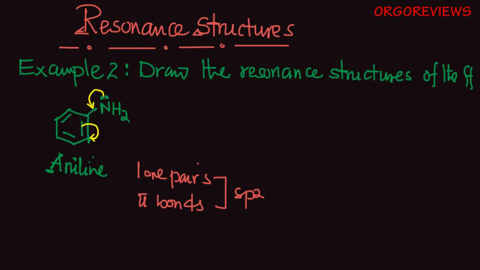With that in mind, we can now draw the next resonance structure with a double arrow, following the electrons. Since these lone pairs were moved onto this bond, you will now have a double bond with the nitrogen. And since nitrogen has lost its lone pair, it will have a formal charge of +1.